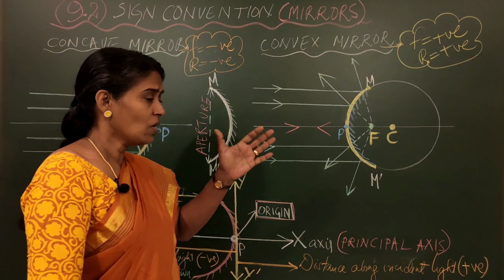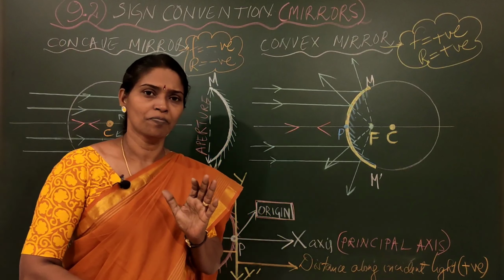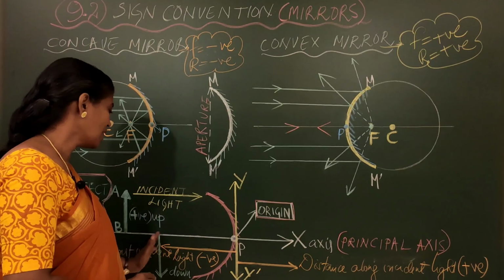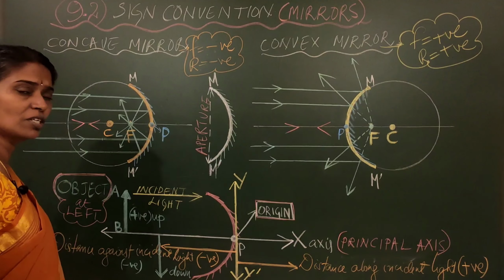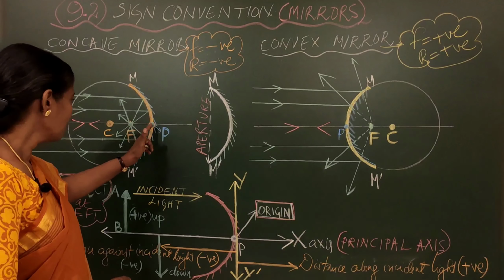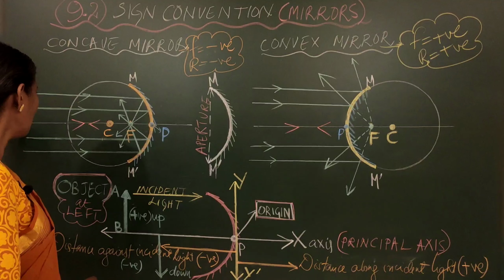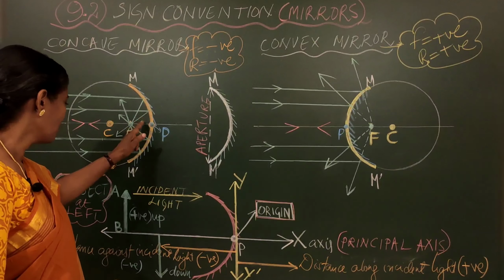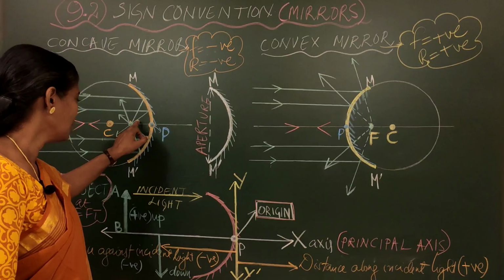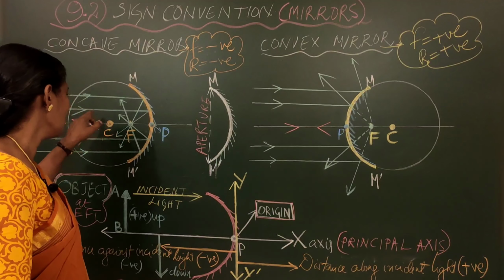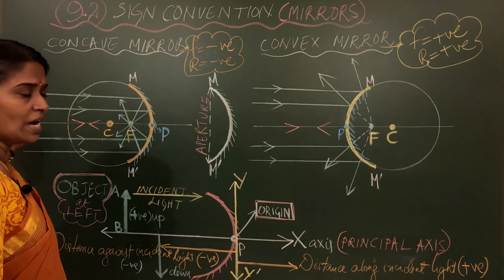But when you learn about image formation, you can keep the object at any point on the principal axis. From the pole you take F, C, beyond C, and you place the object at each point: between F and P, at F, between F and C, at C, beyond C, and so on.